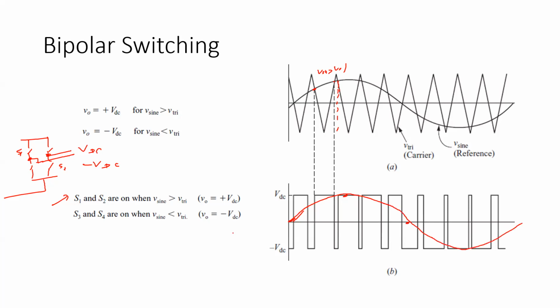Okay, that's how you create a sine wave. This is obviously not a smooth sine wave like this. There will be, as you remember, multiple levels, but it is somewhat close to a sine wave. So that's how bipolar switching works.